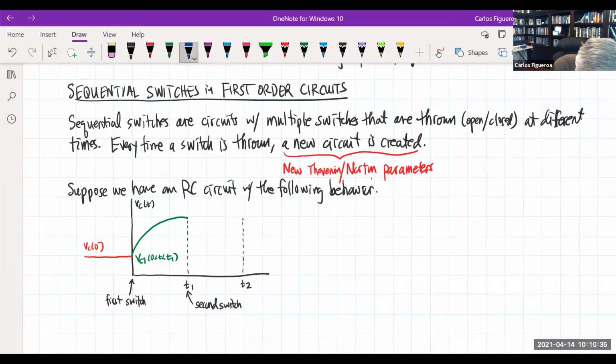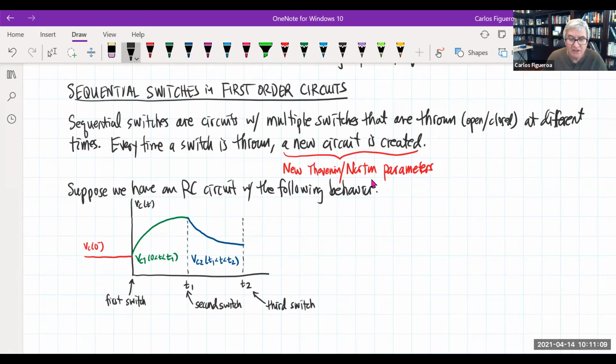So now I'm seeing, let's say, some very long time constant. So I now have a new equation between T1 and T2. I have a new capacitor. And then at T2, let's say that there's a third switch that is thrown.